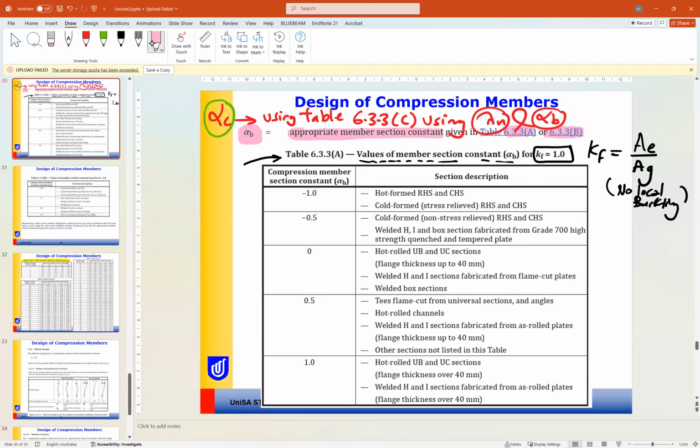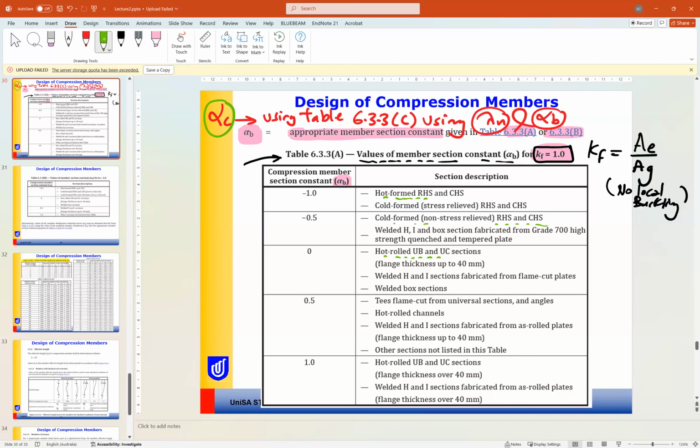So depending on the type of member and KF equal to 1, you can find alpha B from here. For example, if you are using hot formed RHS or CHS, -1. For cold formed RHS and CHS, -0.5.